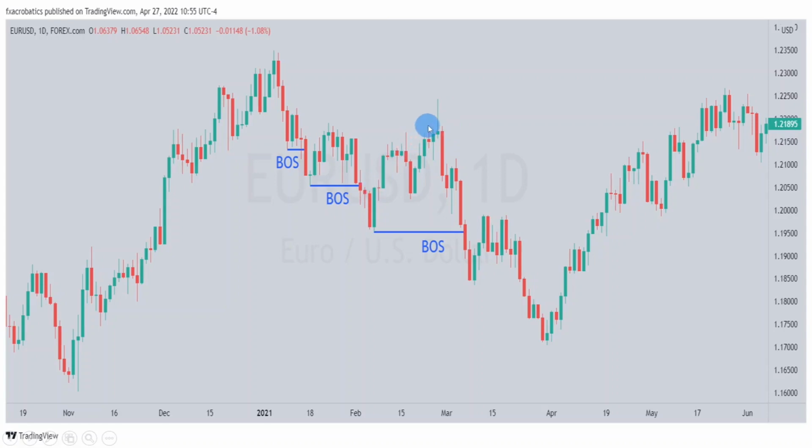Potentially you'd have to find some kind of a breaker somewhere here. There is no breakup structure or market structure shift during this, whatever this is here. You have to take a closer look to really get down to the bottom of it.